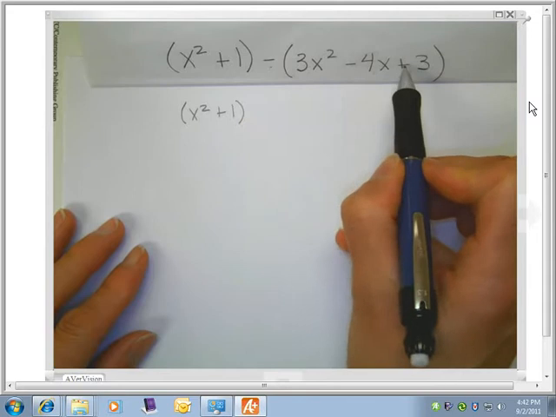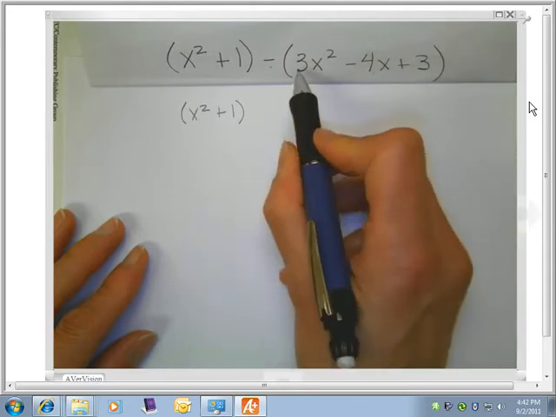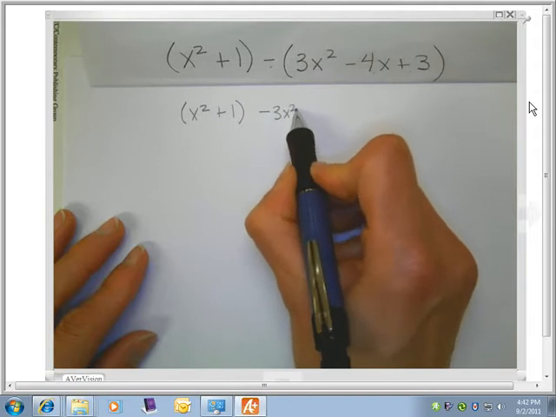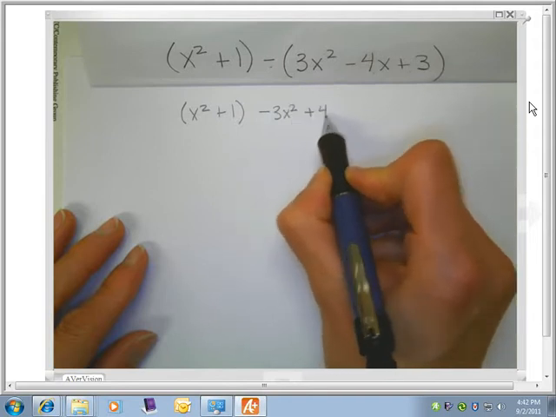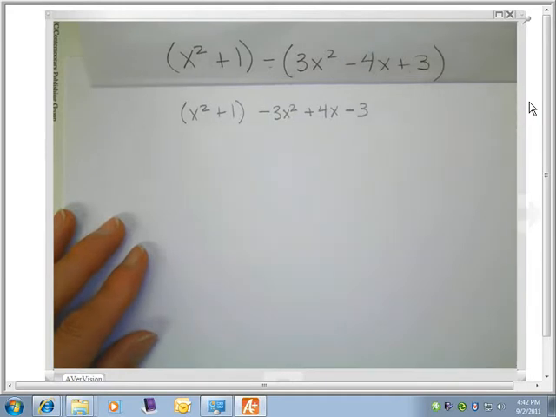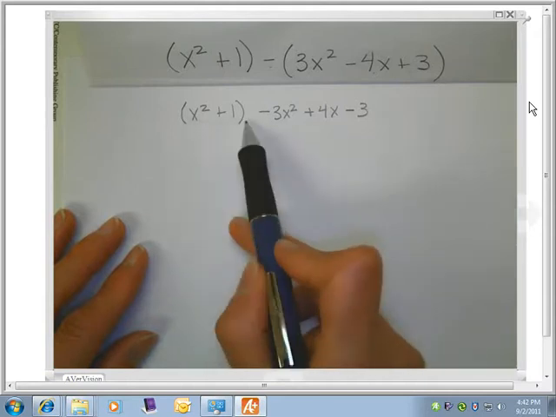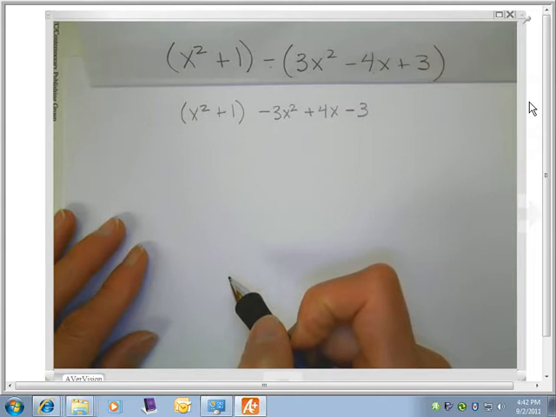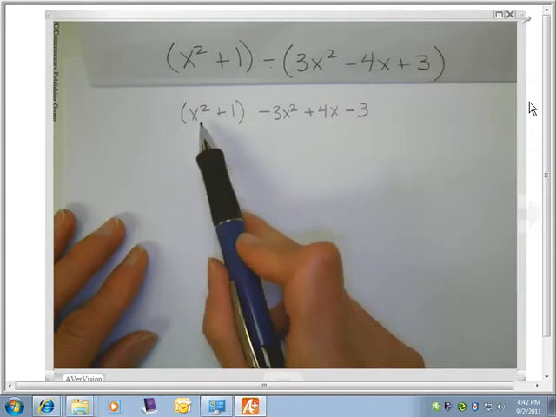Now when I multiply everything through by the negative, that changes all of the signs. So that's negative 3x squared plus 4x minus 3. I really don't need to have these parentheses here. They're just there to show me that that was one set of something, one polynomial, specifically a binomial.